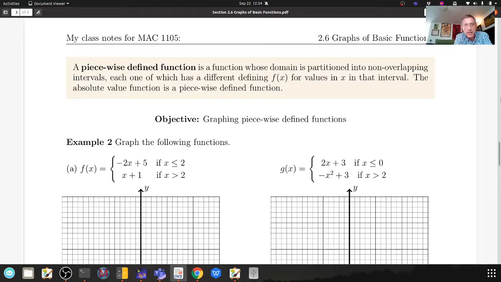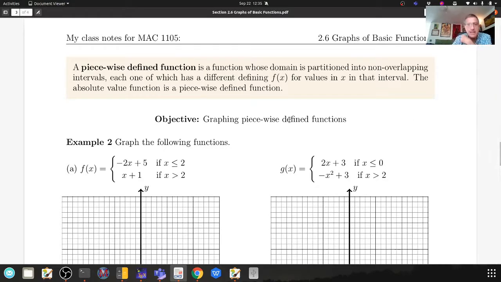Basically, a piecewise defined function is a function whose domain is partitioned into two non-overlapping intervals. That's really important that they're non-overlapping, each one of which has a different defining f of x rule for values in that interval. The reason they can't be overlapping is we can't have two rules applying to the same input value because you don't know what rule to use.